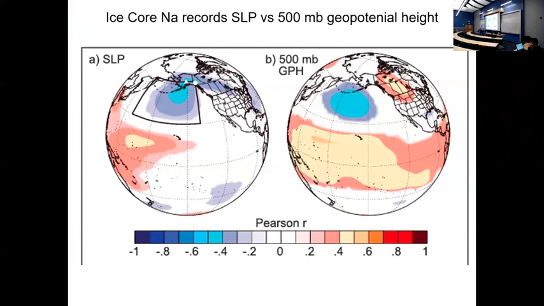You can see the sea level pressure correlation is really good right in the area defined by the Aleutian Low. So our conclusion is that our sea salt sodium records are in fact reflecting changes in the strength of the Aleutian Low.